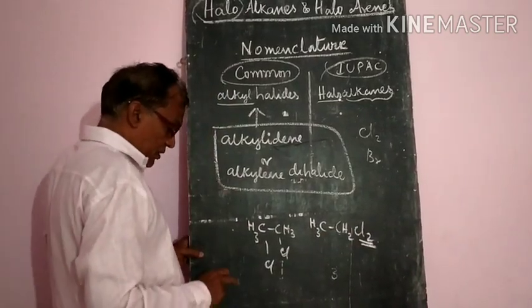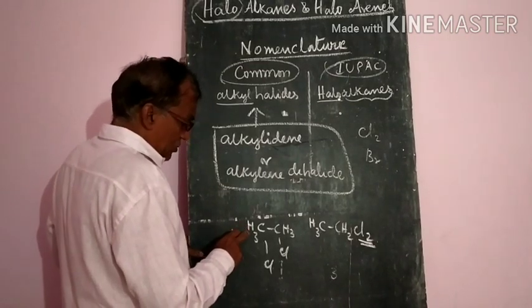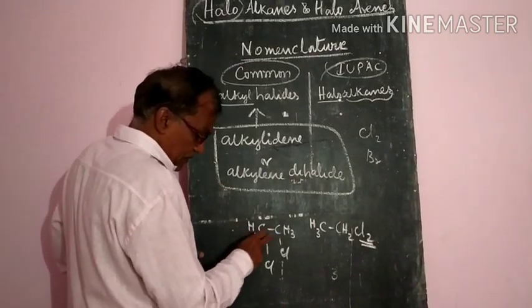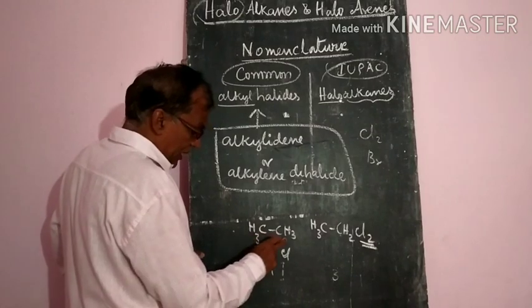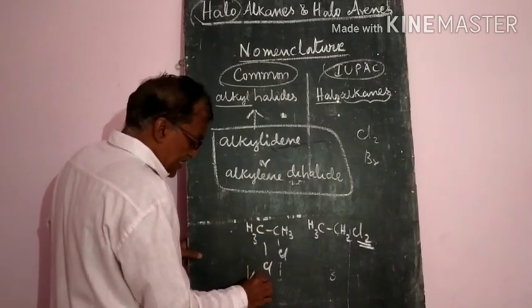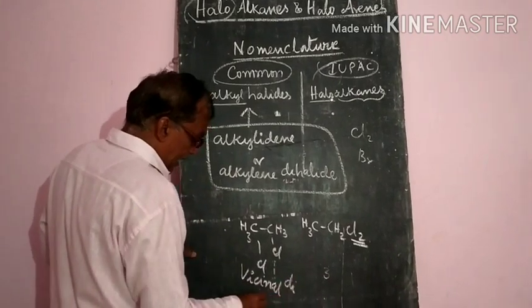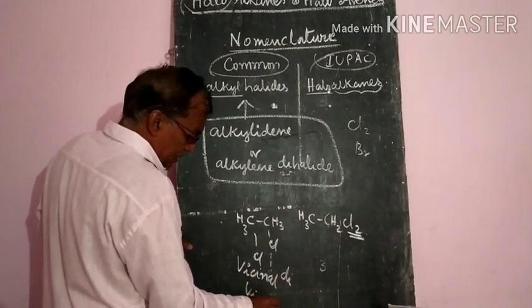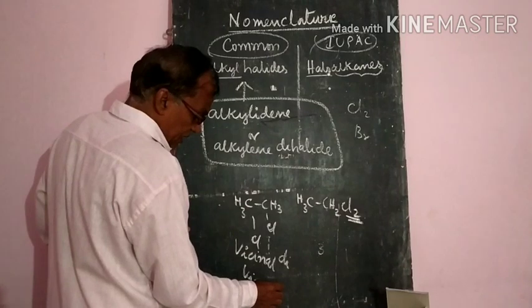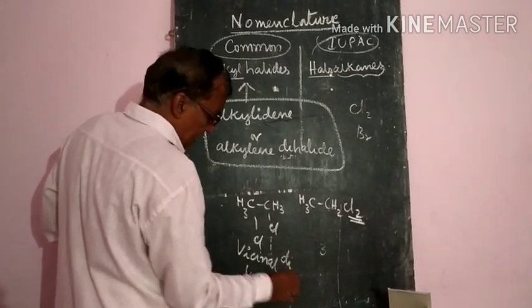If they are attached to adjacent carbon atoms, they are called vicinal dihalides, or vic dihalides.